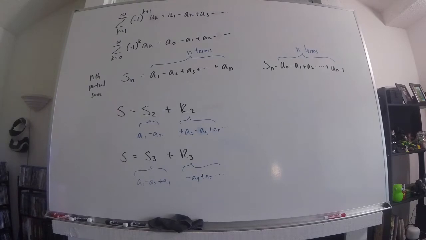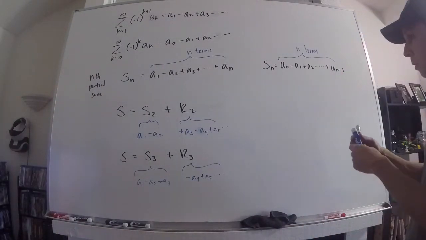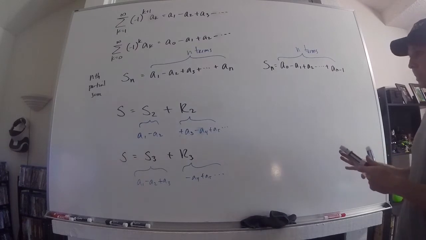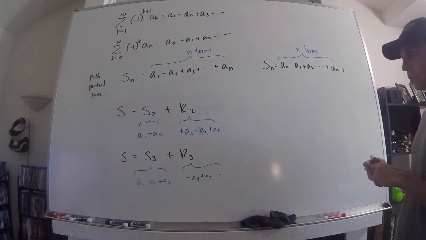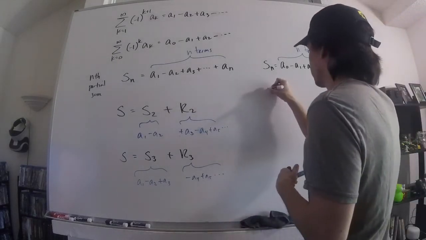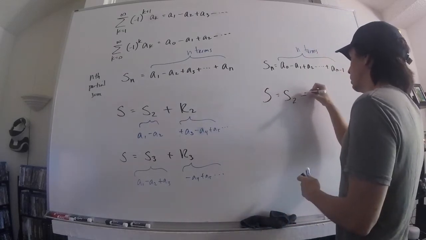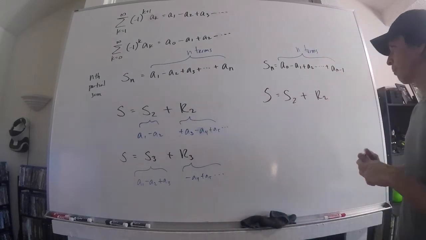Let me focus on her method, or how she's doing it for her example at least, because that's what we're going to be doing when we work this example. Here it's a little bit different. I'm going to do the same thing: S is equal to S2 plus the remainder 2.